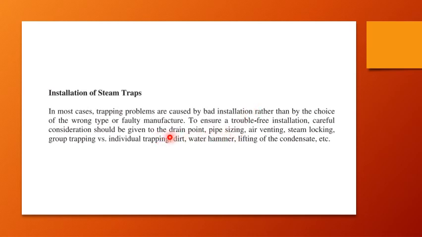Basically: the drain point, pipe sizing, air venting, steam blocking, group trapping versus individual trapping, dirt, water hammering, lifting of the condensate, etc. These are the key points or areas you should consider while you install any steam trap in the steam line, friends. I'm going to explain these points in the coming slides for your better understanding, and they may also ask in the exam to list some of the points or areas that have to be considered while installing a steam trap, friends.